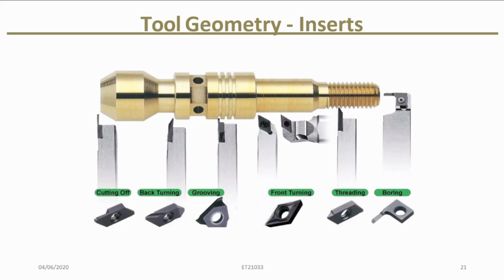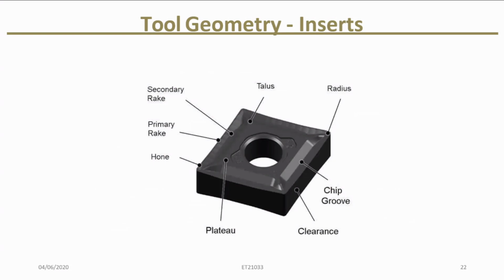In detail, here it mentions the chip breaker, clearance, the radius, secondary rake, and primary rake. You have to identify those things once you see this.